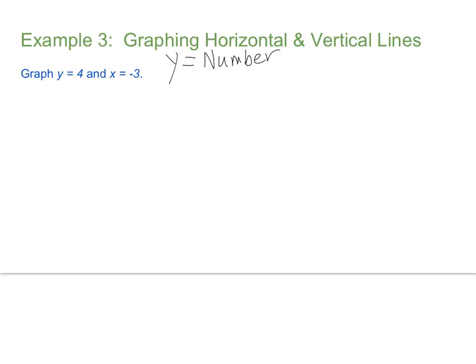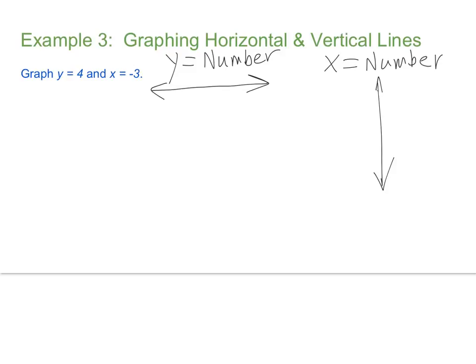When y just equals a number, we get a horizontal line through that number. A vertical line occurs when x just equals a number, and so the vertical line will pass through that number.